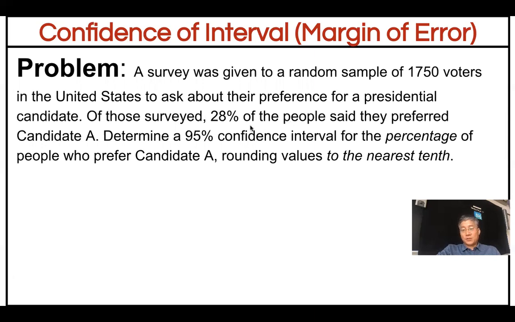That's the proportion we get, right? Of the 1750, 28%. That's the P. And that's the mean proportion, sample mean or proportion, right? So determine a 95% confidence interval for the percentage of people who prefer candidate A, rounding values to the nearest 10th.